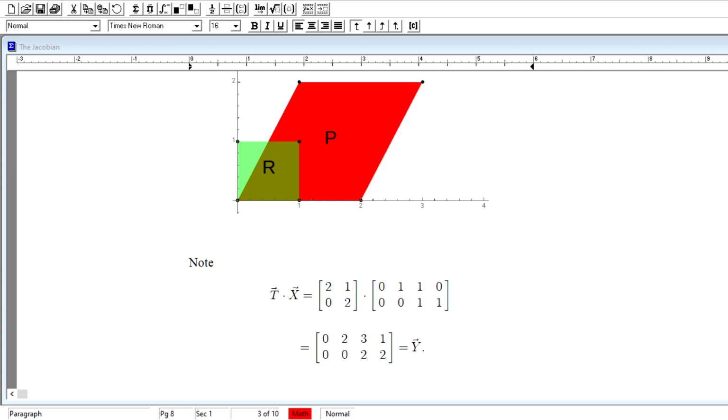But this location 1, 0, represented right here as this vertice on R, when you apply this matrix transformation, does become the coordinate 2, 0. That becomes this coordinate here. In a sense, this vertice on R becomes this vertice on P.